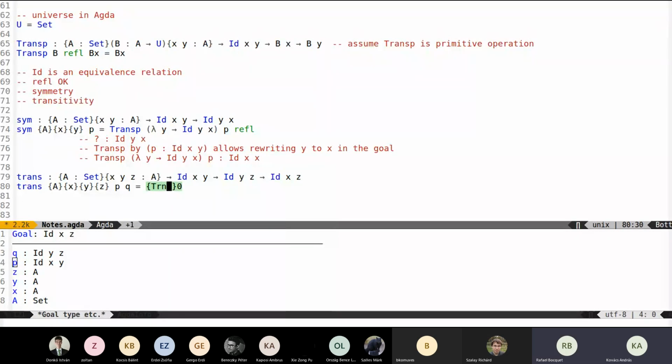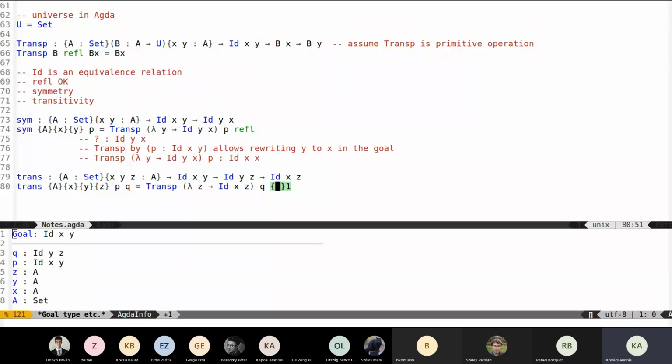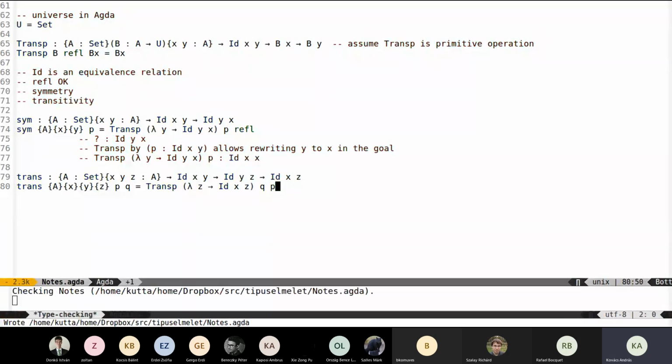So that's one possible thing I can do. I say transport, and I want to rewrite z, and I'm using this q proof. And now the goal is just id of x y, so I can use p.